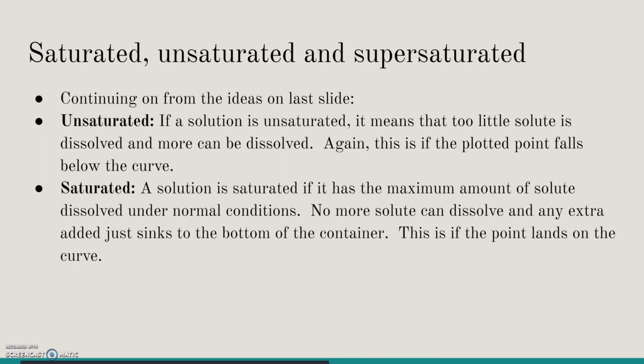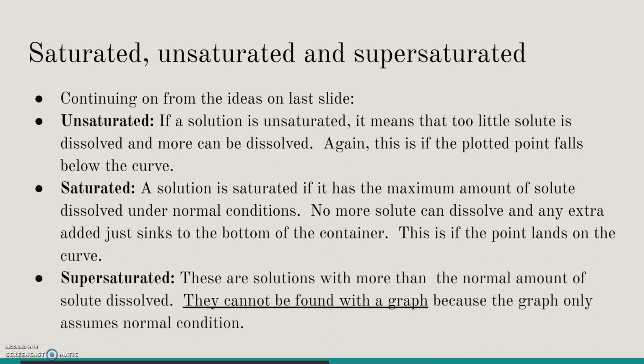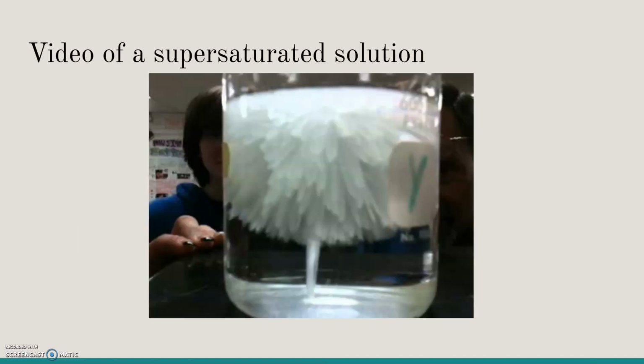A solution is saturated if it has the maximum amount of solute dissolved under normal conditions. No more solute can dissolve, and any extra added just sinks to the bottom of the container. This is if the point lands on the curve. Supersaturated. These are solutions with more than the normal amount of solute dissolved. They cannot be found with a graph because the graph only assumes normal conditions.